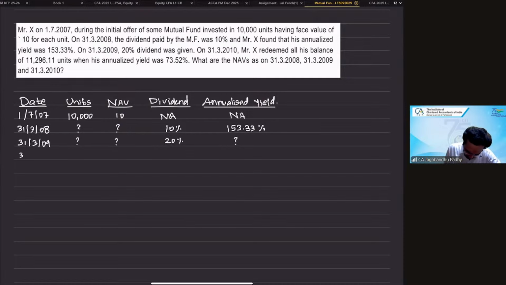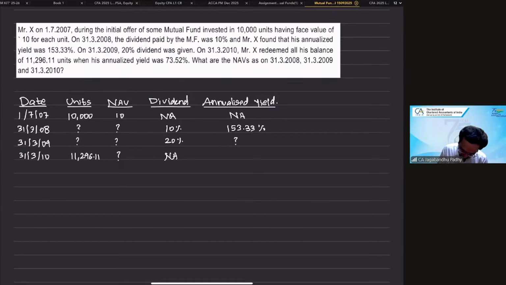Then on 31st March 2010, we sold 11,296.11 units. Again, we don't know what is the NAV. There was no dividend applicable.